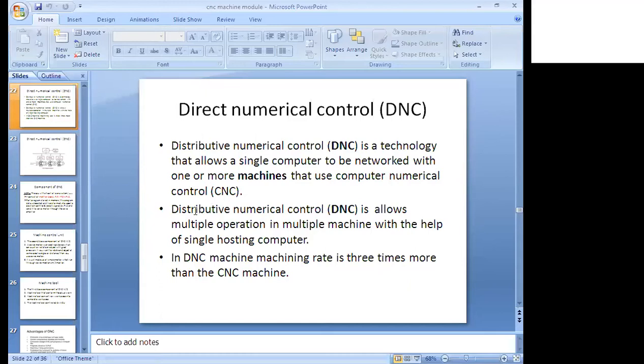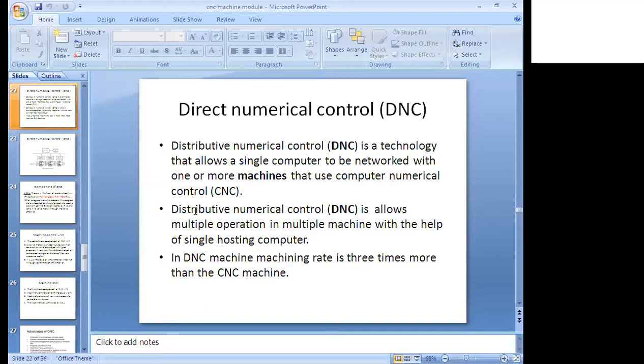Coming to the second point: distributive numerical control allows multiple operations on multiple machines with the help of a single host computer. The meaning is that in a CNC machine there is only one computer, one machine, and one operation. But in DNC, with the connections changed, one computer can handle multiple machines: if 3 machines are connected, 3 operations at a time; if 5 machines are connected, 5 operations, depending upon the machines.